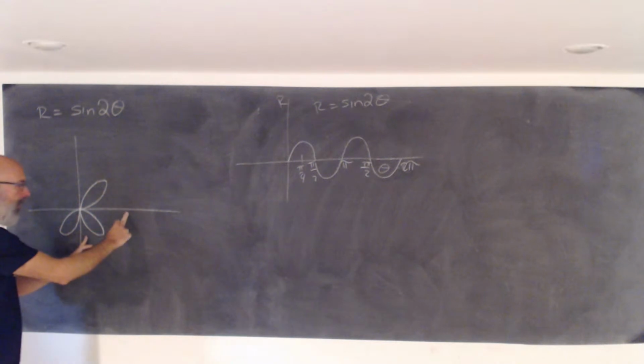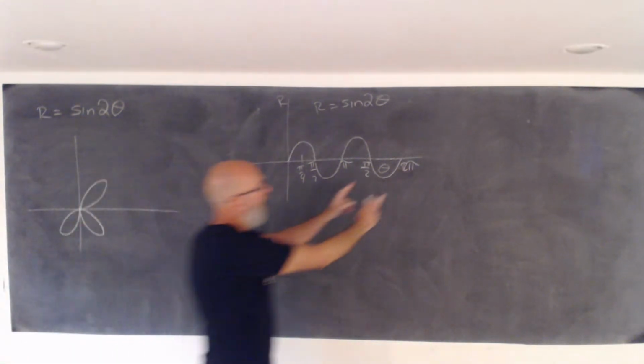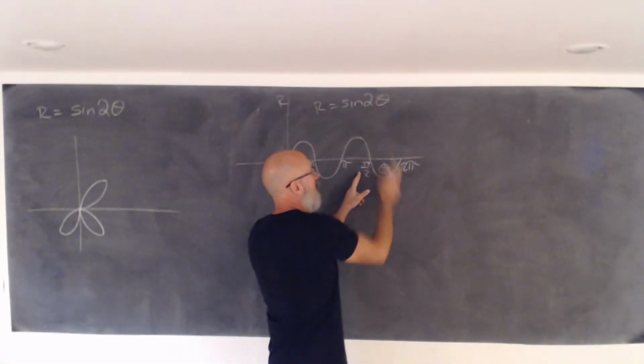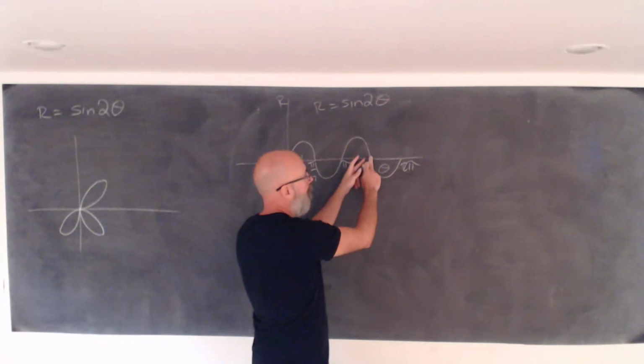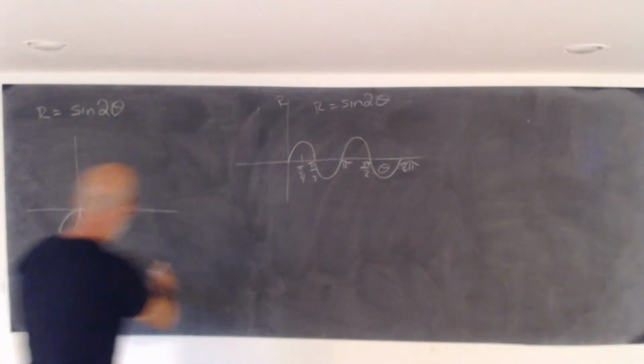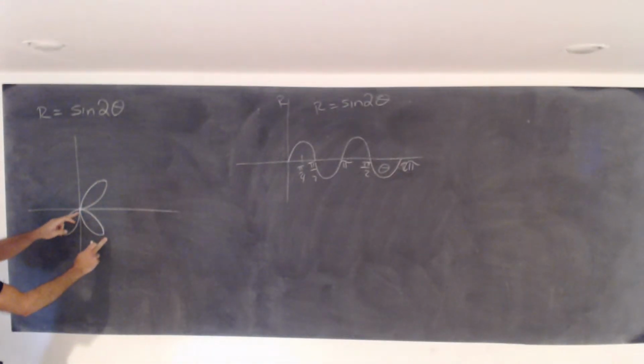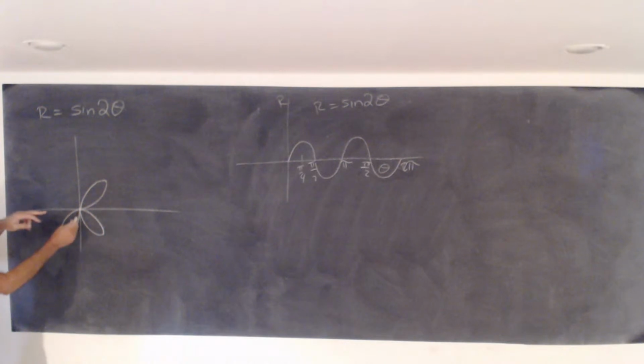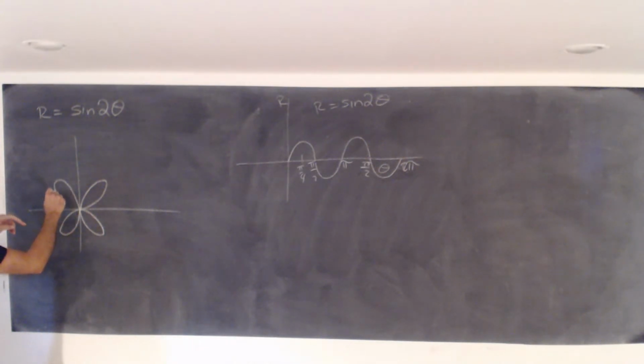And finally, in this quadrant, your function is negative, and you graph it from 0 down to -1, but in the opposite direction, and back down to 0.